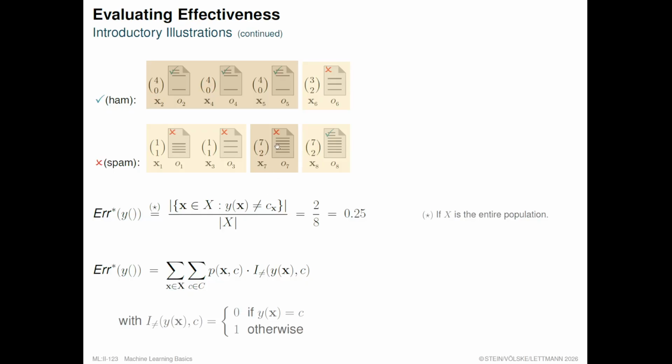But if it doesn't work out, and if we assign the wrong class, and this is where this y here comes in, then we count 1 for this, but multiplied by the probability here. And the probability, if you have a finite set, can just be assumed to be 1 divided by the total number here.